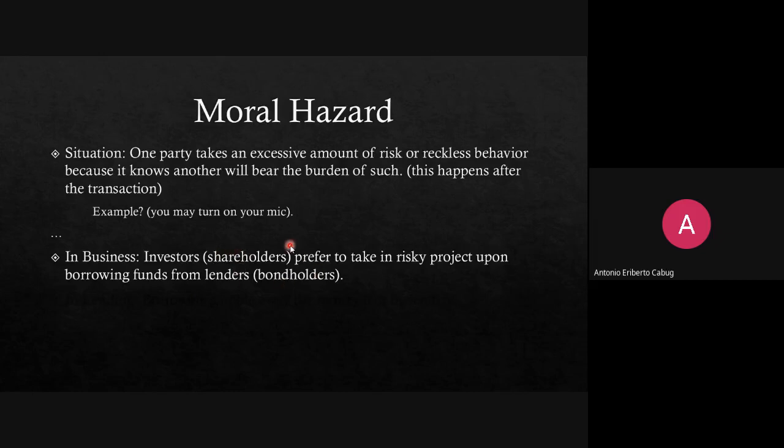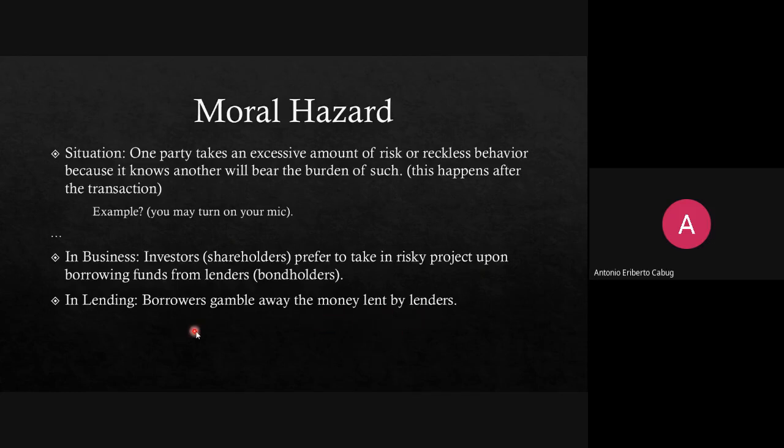But if it didn't work well, the money came from the bondholders. Investors or shareholders prefer to take on risky projects upon borrowing funds from the lenders, the bondholders. In lending to a particular person, to an individual, borrowers gamble away the money lent by the lenders.